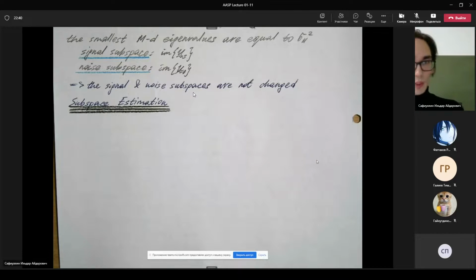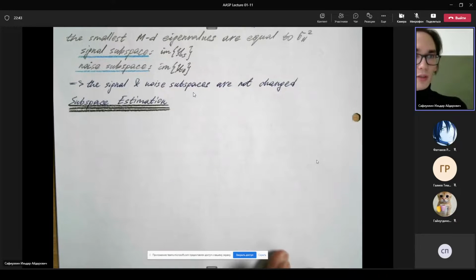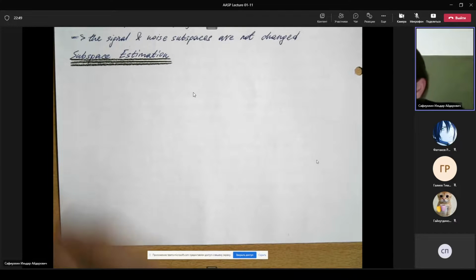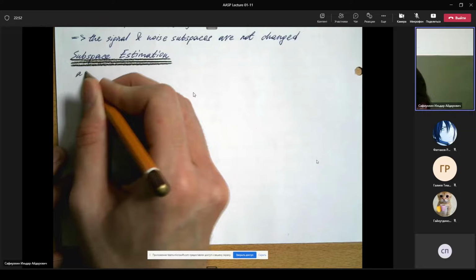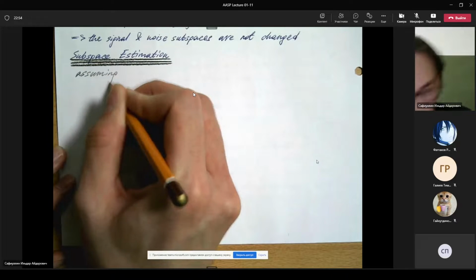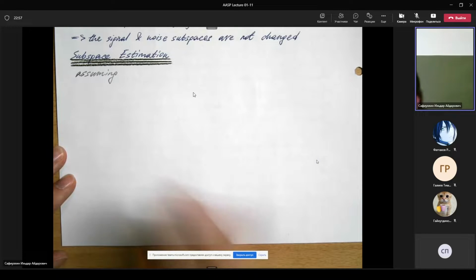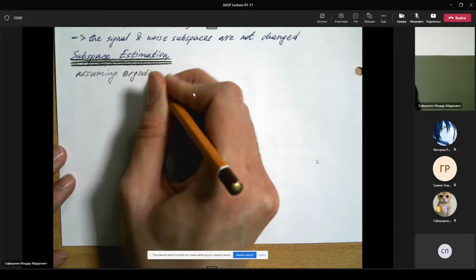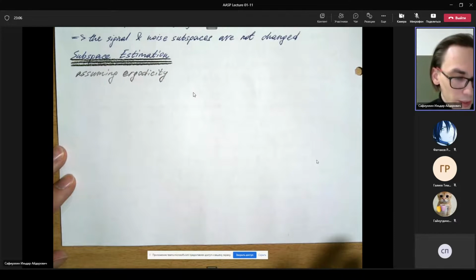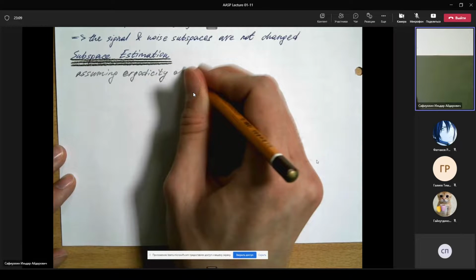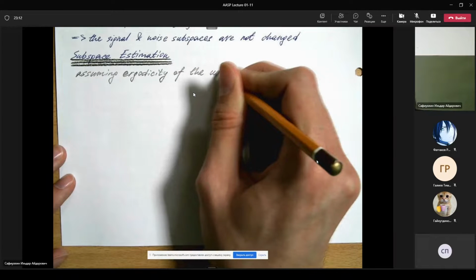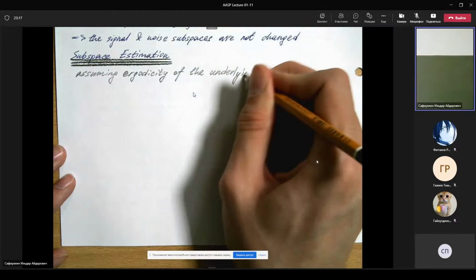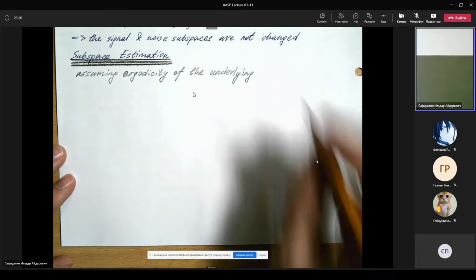To start this part, we need to write down our assumption, assuming ergodicity of the underlying random processes.